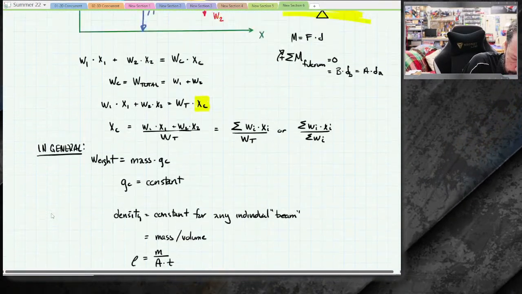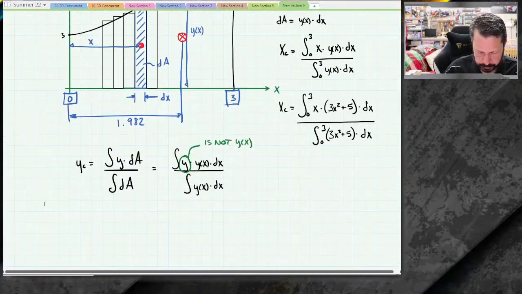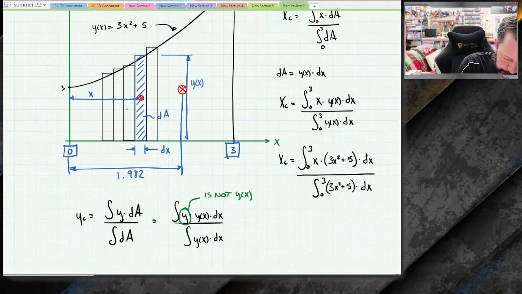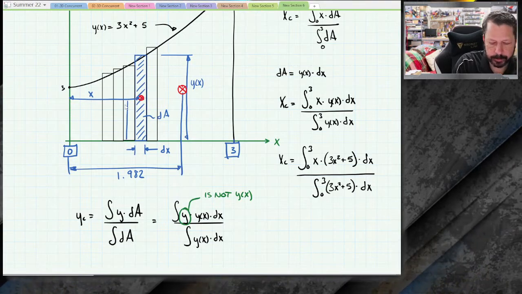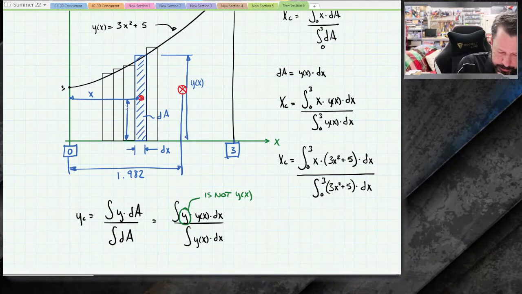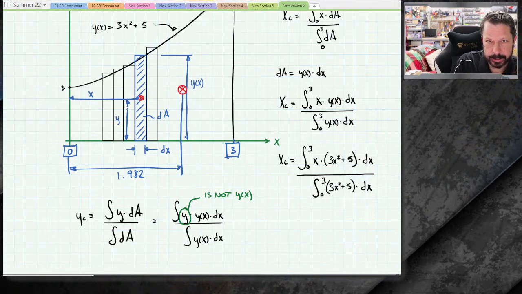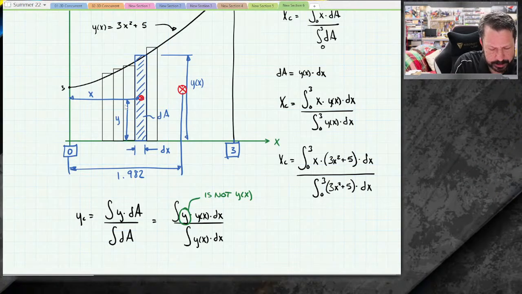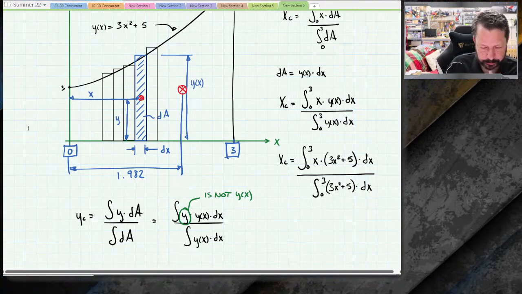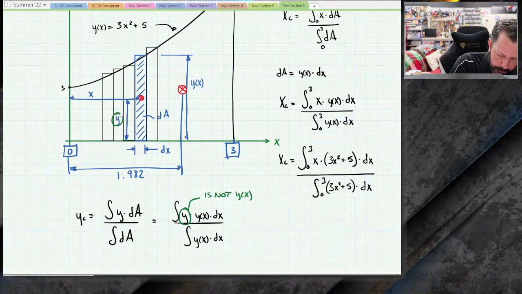Using a dimension line as a leader line is not proper, but it'll get the point across here. So this y is what we're talking about.